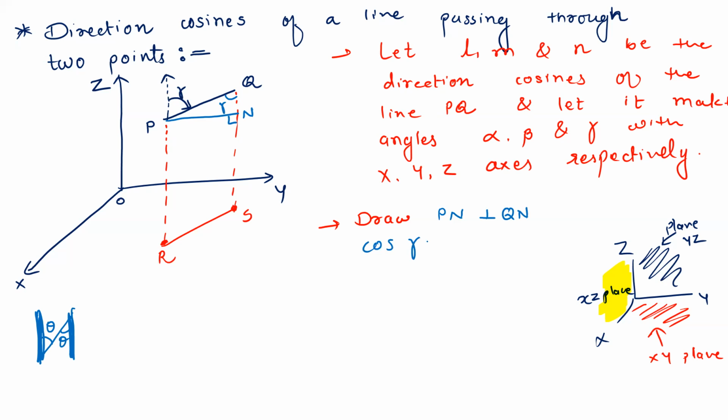Cos gamma is equal to the adjacent side QN upon the hypotenuse in that triangle. Which triangle are we taking? We are talking about the triangle PQN. QN by the hypotenuse PQ, right?